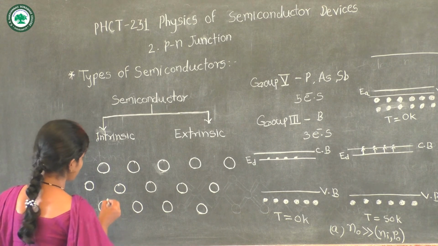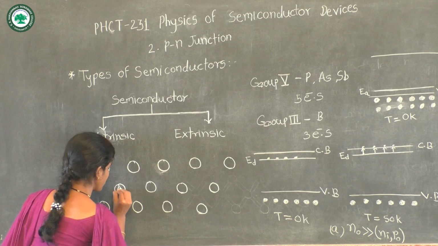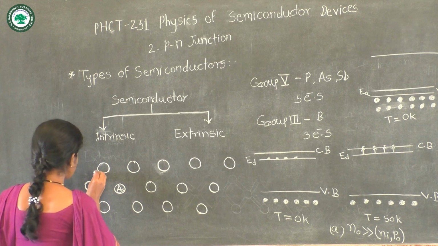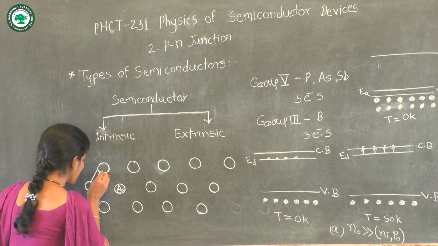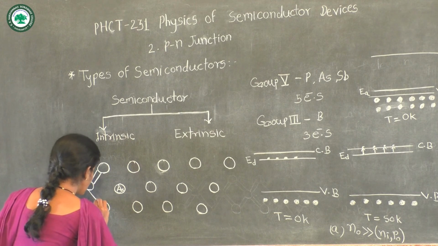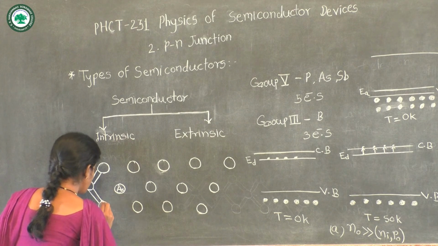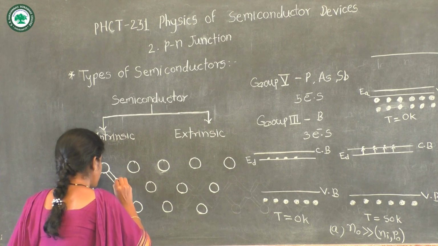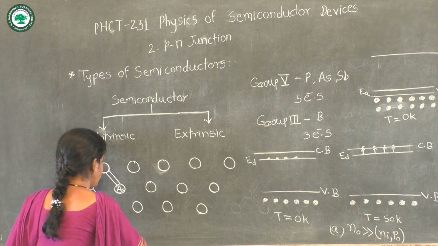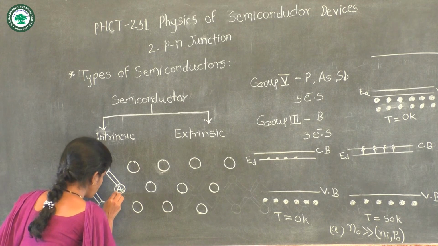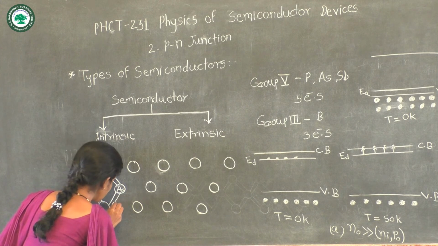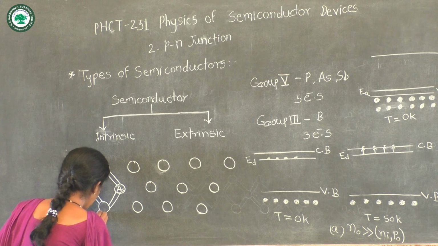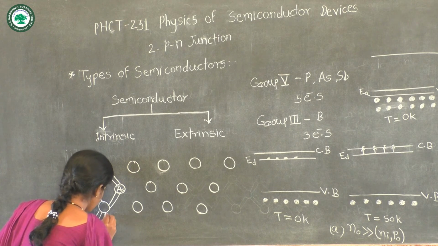When a group 5 impurity like arsenic is added to the semiconductor, one extra electron, which is loosely bound to the crystal, remains free to move when the temperature is slightly increased.